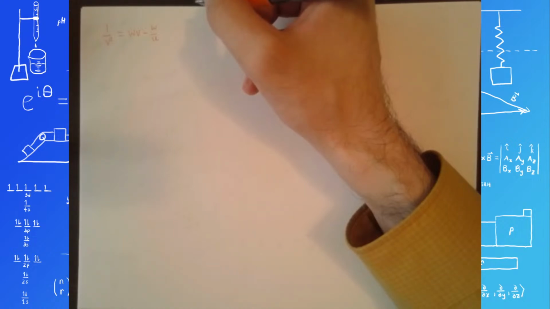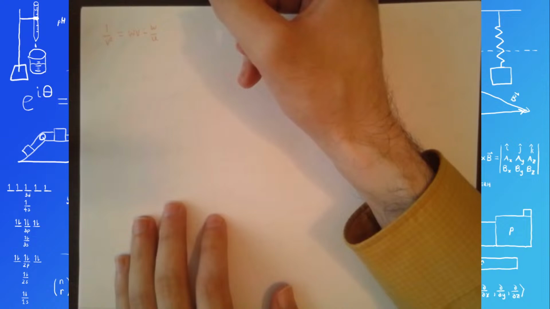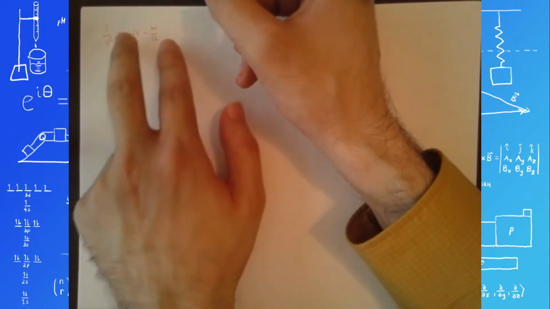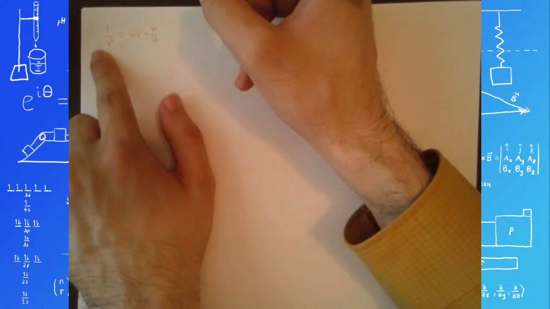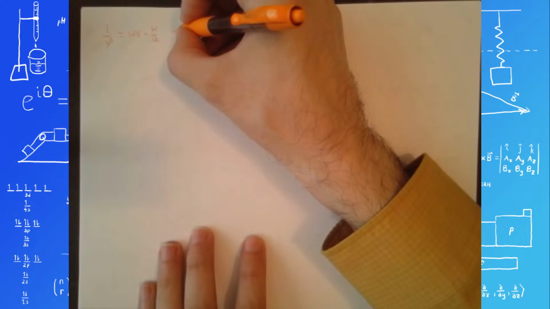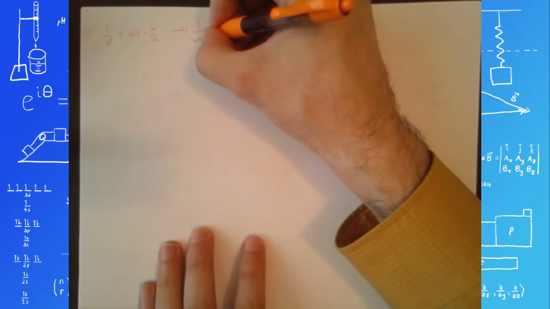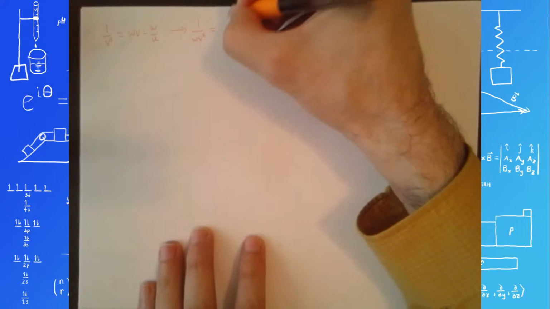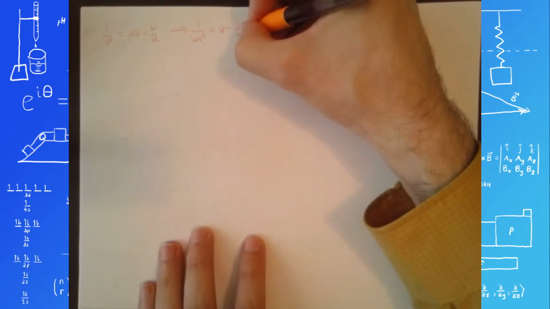And solve for u. Let's go ahead and actually do that. So one thing I could do is divide the w over to the left-hand side. And that would end up with me having 1 over wv squared equals v minus 1 over u.